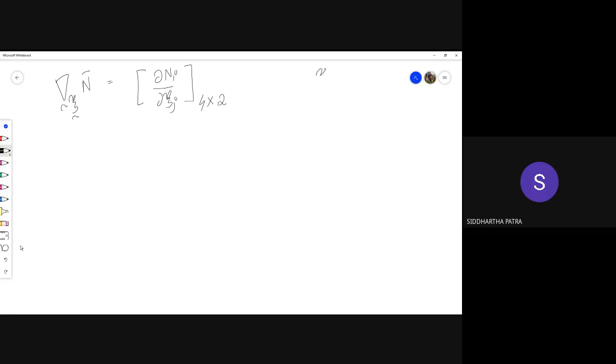So i is in 1, 2, 3, 4, because there are 4 shape functions, and j is in 1 and 2, where xi1 means xi and xi2 means eta. Can you write down the expression for this gradient matrix?